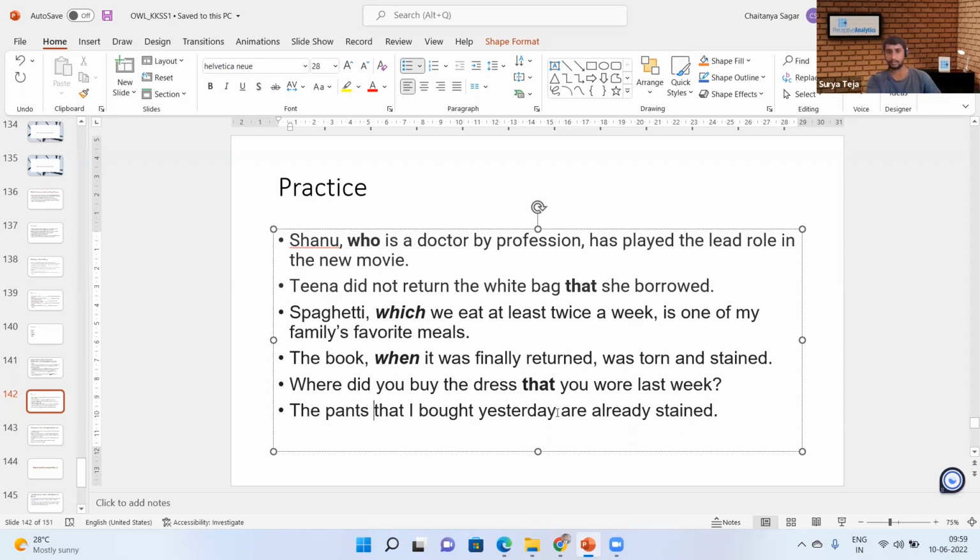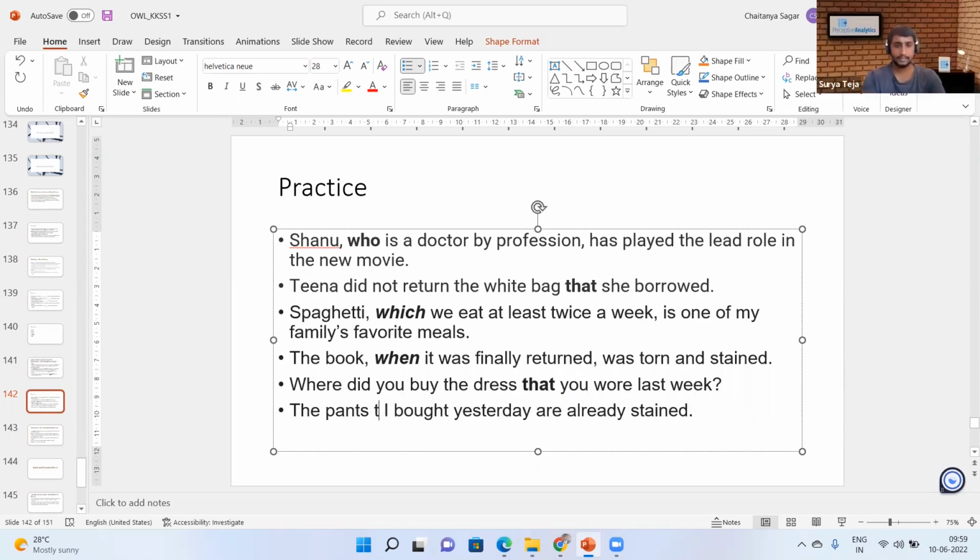Which pant are you referring to? The one which I bought yesterday. The previous question felt more like it's incomplete without the last part because it's a question. Here it's a sentence, so without that information, I feel it's still complete. The pants are already stained. So that is why I thought maybe "which" is the right one.